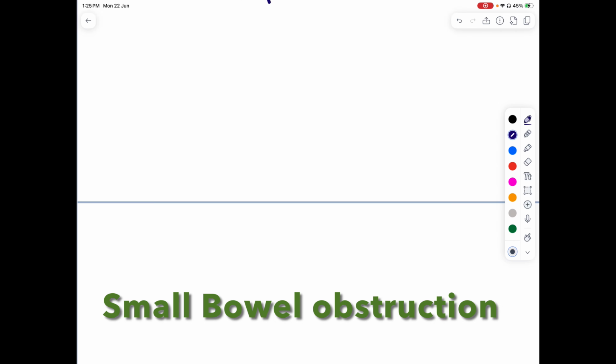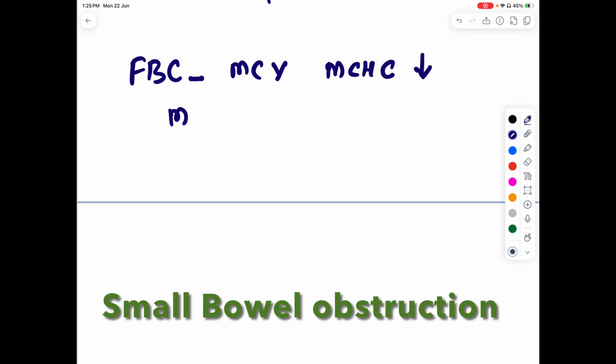In the full blood count, what you see: MCV and mean corpuscular hemoglobin concentration are low. This is microcytic, hypochromic, so this is basically iron deficiency. How to investigate the type of anemia?